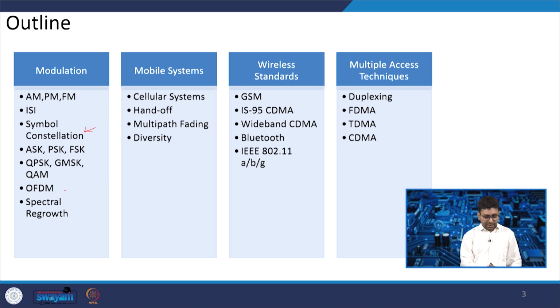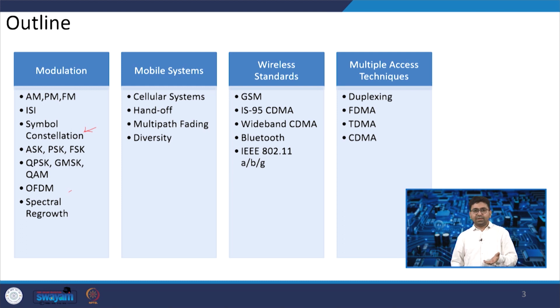We will also try to analyze OFDM and spectral regrowth. There is the mobile system, in which cellular system, handoff, and multipath fading. We will also just give an overview of these.